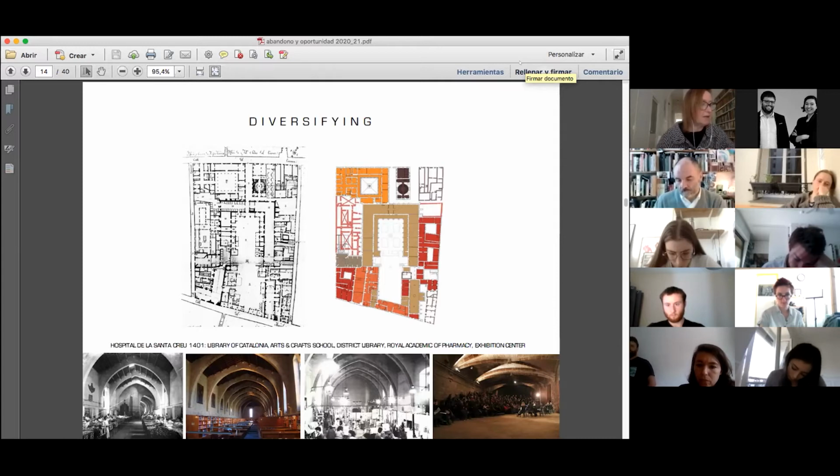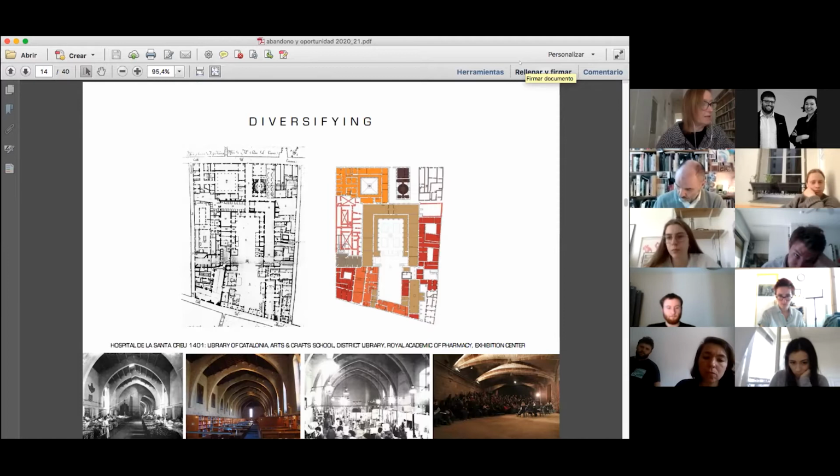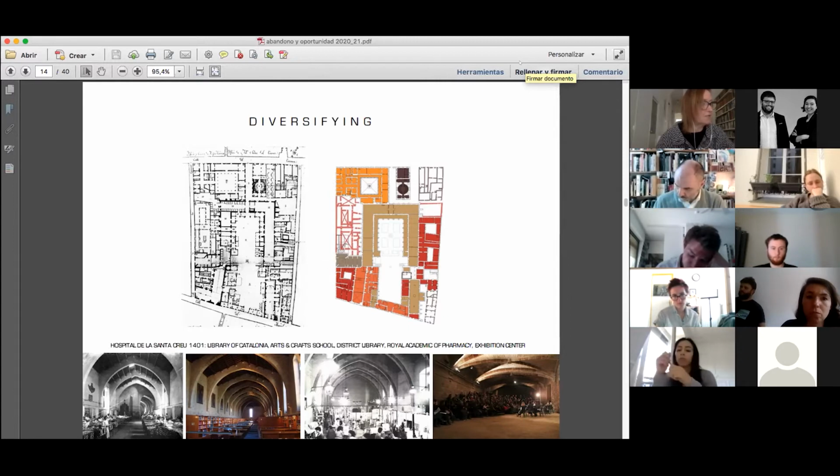Assigning them heterogeneous functions facilitates their reuse. In this way, the compounds, originally closed, have to open the doors for users to access the entities distributed between.